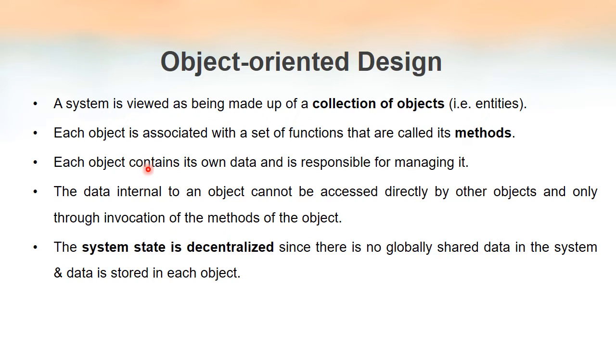That is not available in object oriented design because of this feature. That means each object contains its own data, and the responsibility to manage that data belongs to that object alone.